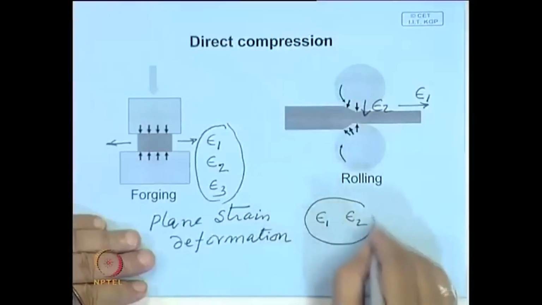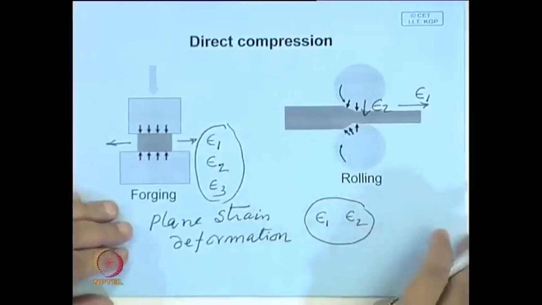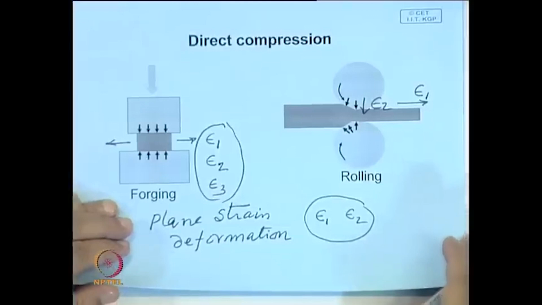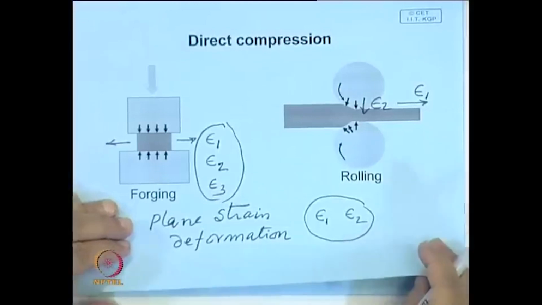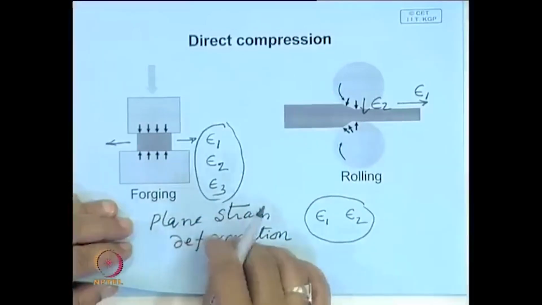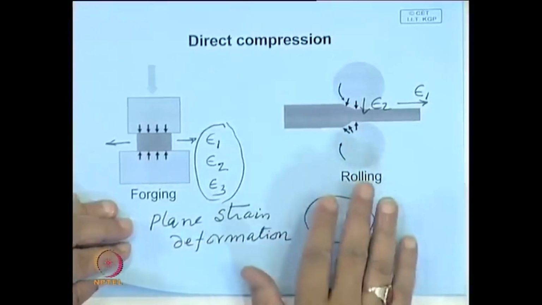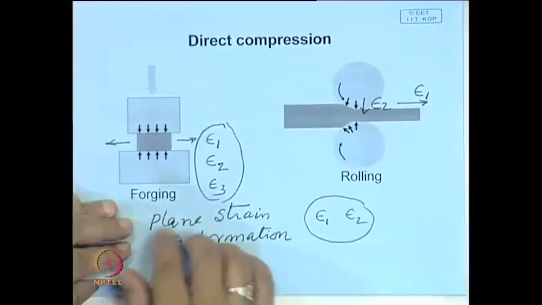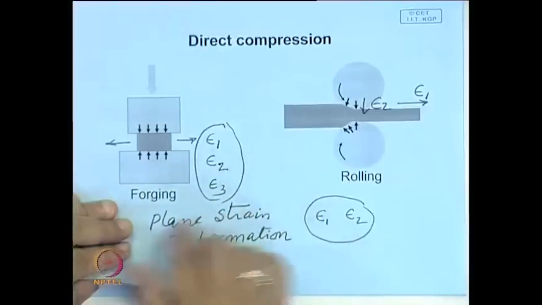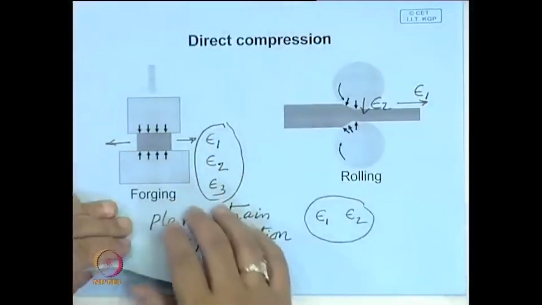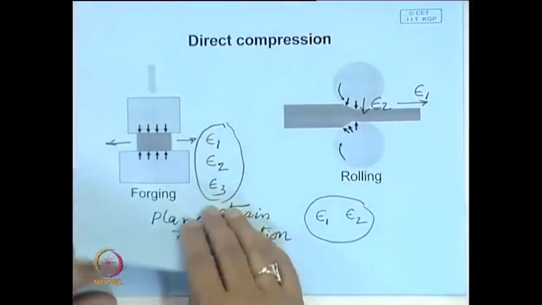So most of the bulk deformation processing, which is used primarily to break down the cast microstructure, is plane strain deformation, like die forging, rolling, and many other processes as well.